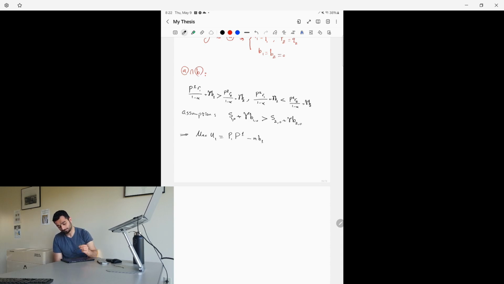Subject to these. Well, the constraint S10 plus gamma B10 greater than S20 plus gamma B20 doesn't put any constraint on the stable utility phase. So this is the only two that are left.